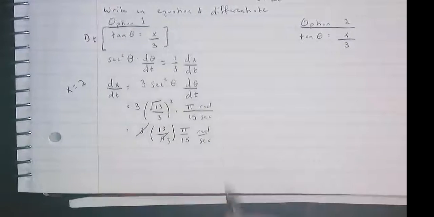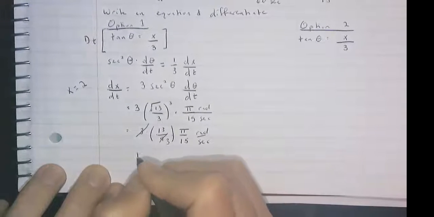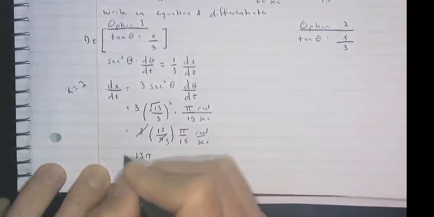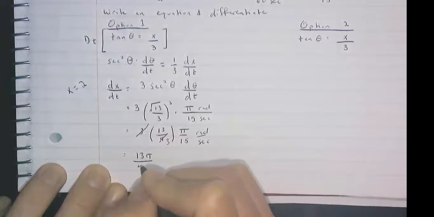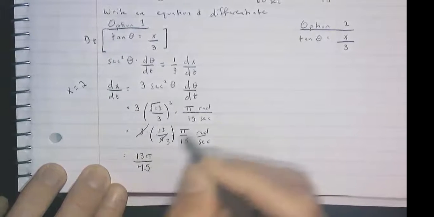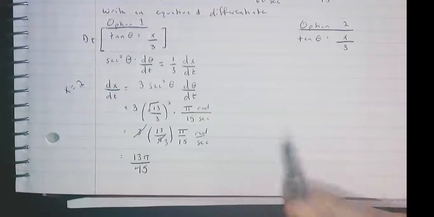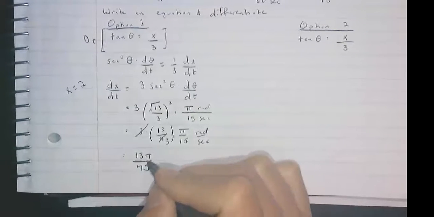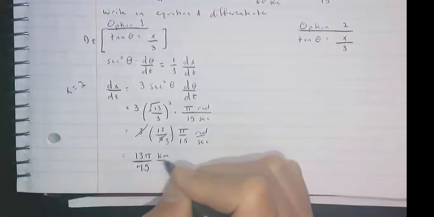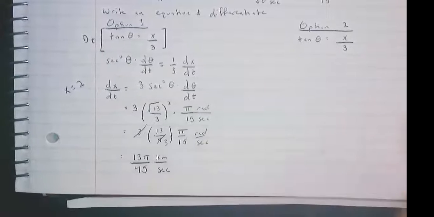We'll cancel that 3. So we get 13 pi over 45. Somewhere along the lines, the radians would have canceled, and we would have gotten kilometers per second. Kilometers per second. We'll come back to this in a minute.